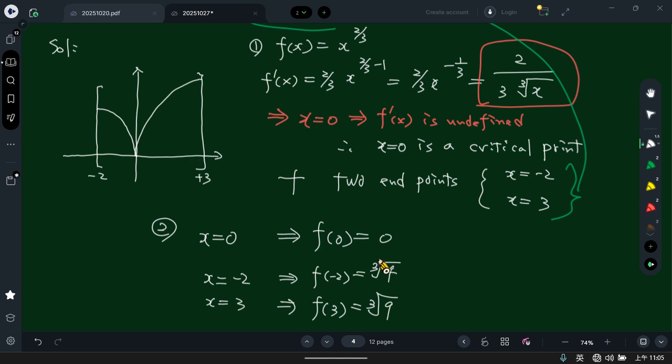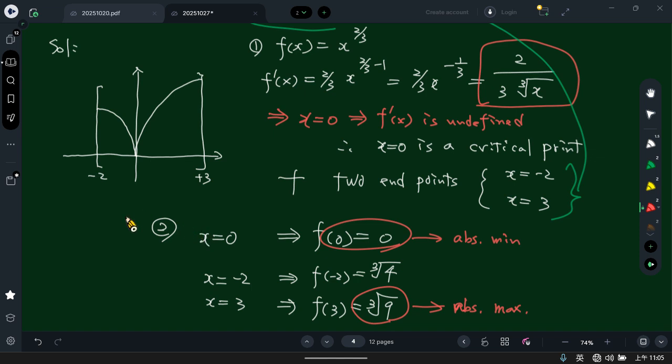So finally, we can see this is the absolute maximum value, and this one is the absolute minimum value.